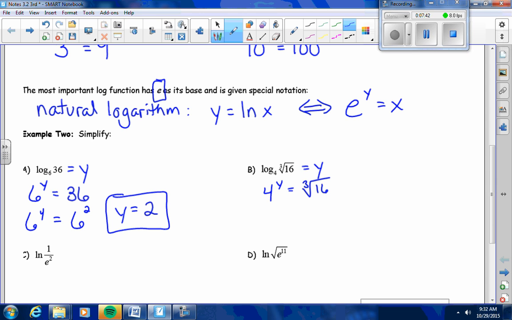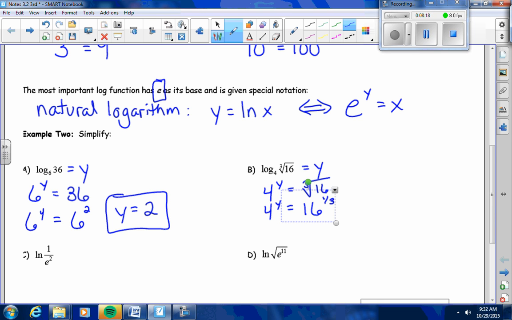How else could I write that? 16 to what power? To the 1/3. I can write it using rational exponents. That's what we have done the past couple of days. I need to change that radical so it's 16 to the 1/3 power: power divided by root. So 4 to the y equals 16 to the 1/3.